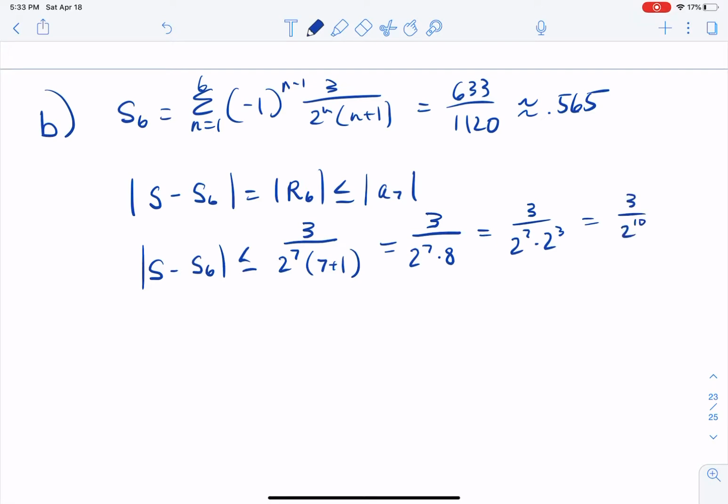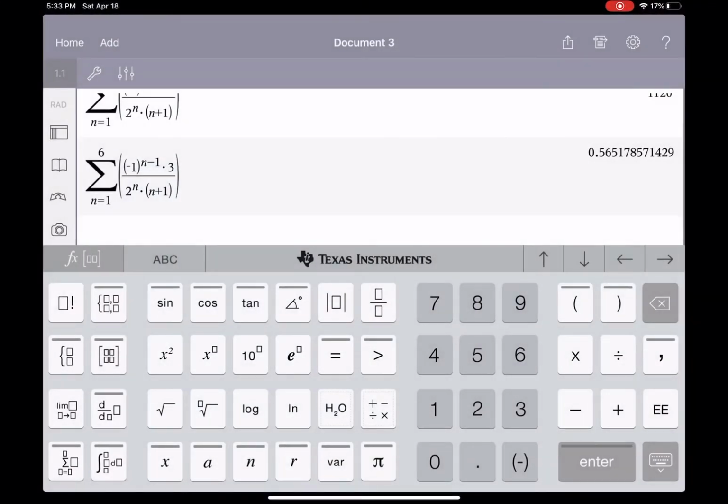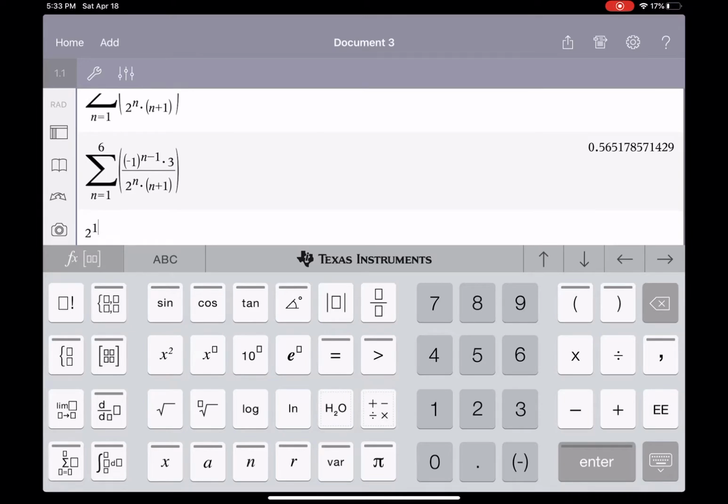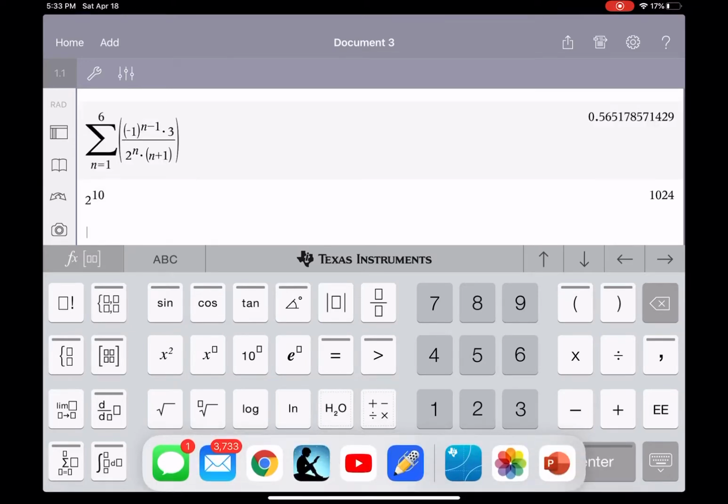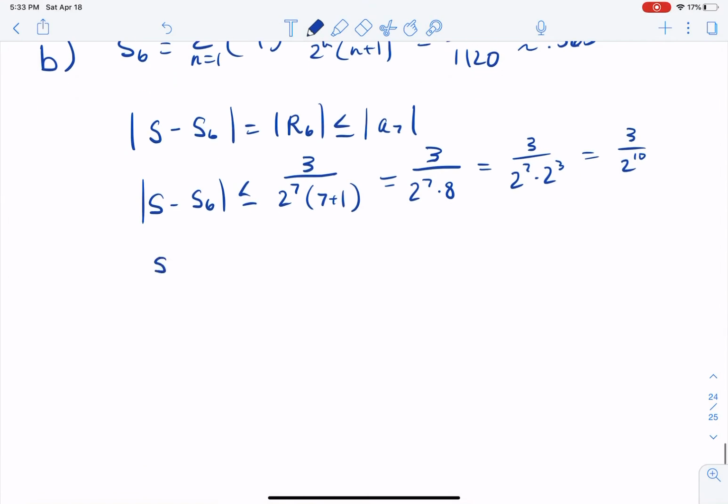Now, 2 to the 10th, unless you speak binary, maybe you don't know that one. 2 to the 10th is 1024. So, the absolute value of S minus S sub 6 is less than or equal to 3 over 1024.